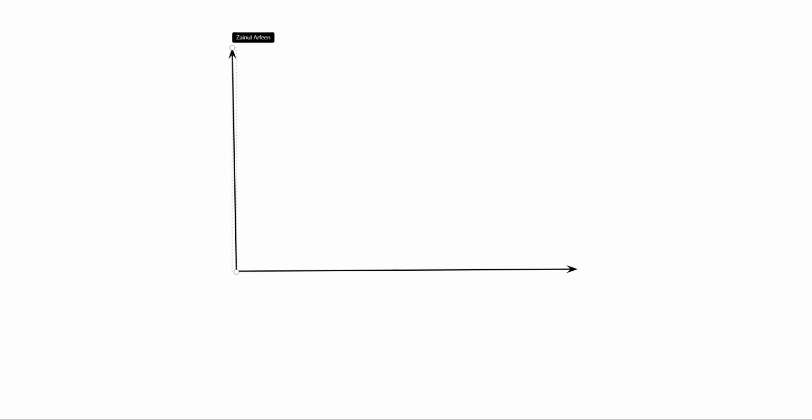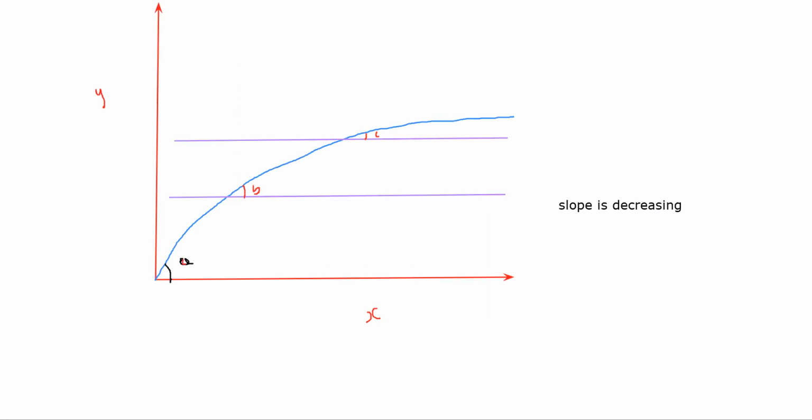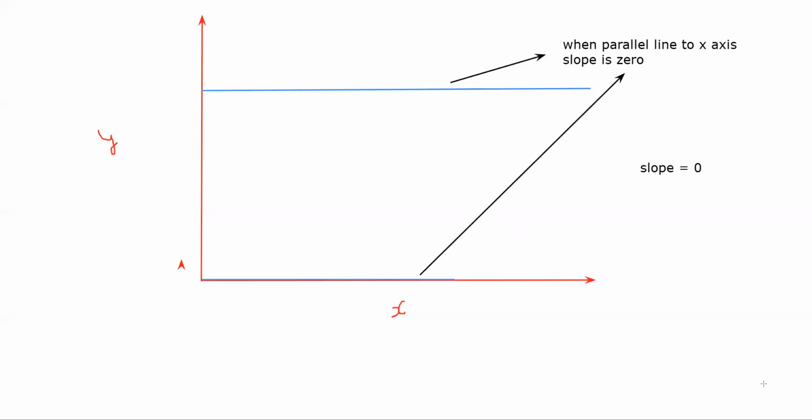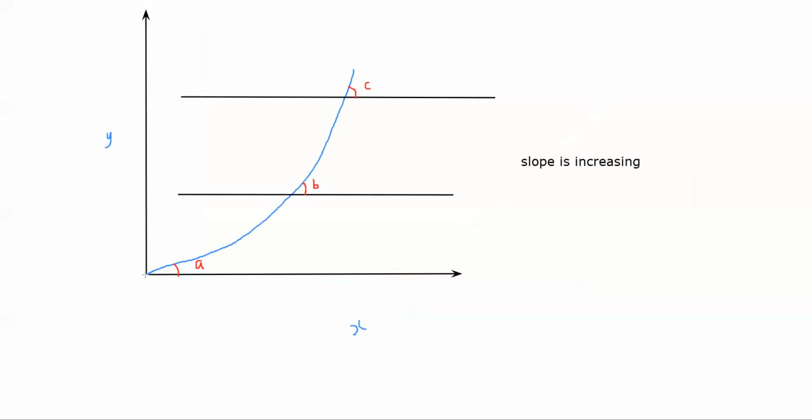So you may have different types of graph. For example, if your graph is a straight line, it means the slope is constant. Angles are constant. If your graph is a horizontal line, it means the slope is zero. If your graph is starting from a smaller value and the values are increasing and the angle is also increasing, it means that the slope is increasing.